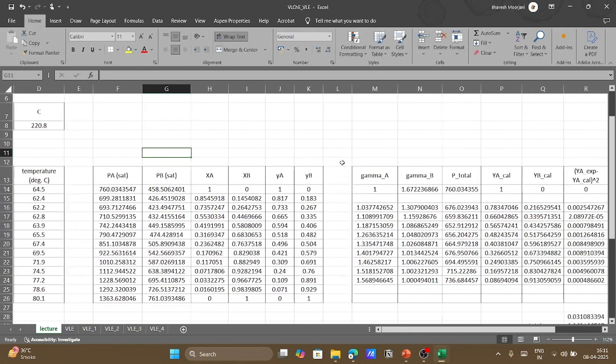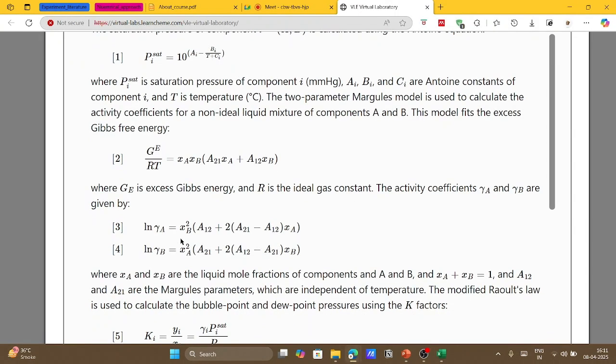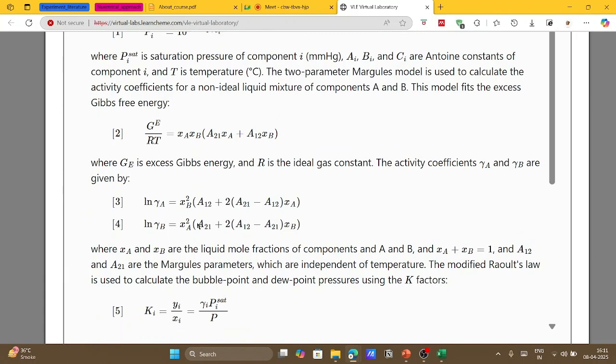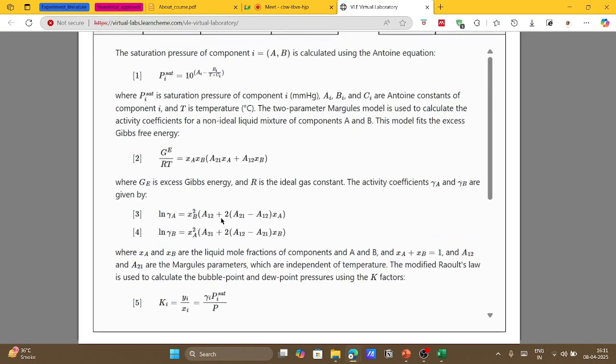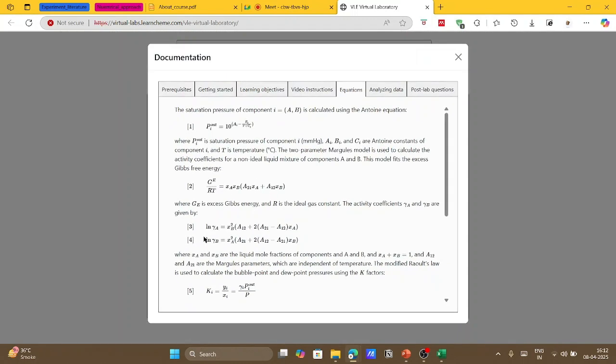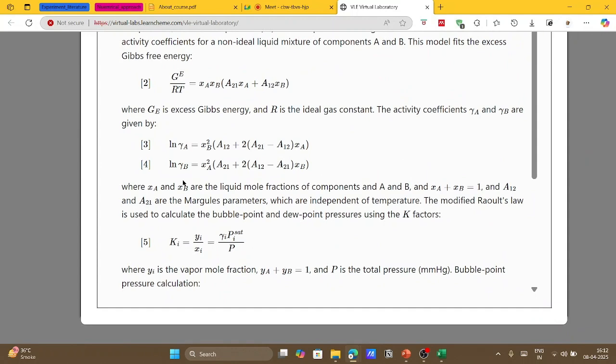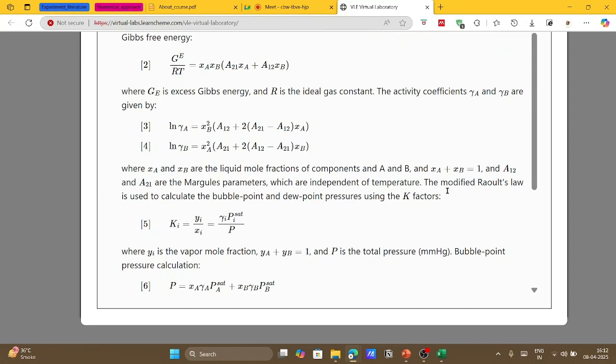Once you do that, the next step is to find the activity coefficients gamma 1 and gamma 2, gamma A and gamma B, right? For that we need the liquid phase composition and the Margules constants. Initially we don't know what the Margules constant value should be, so we will start with some guess value and then compute the corresponding gamma A and gamma B. Once we have those, we will use modified Raoult's law to compute the corresponding vapor fraction.